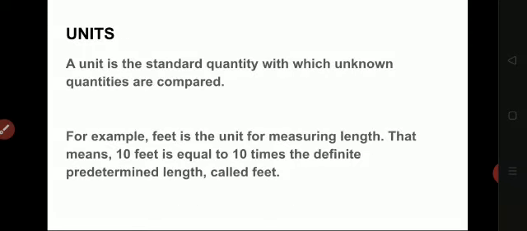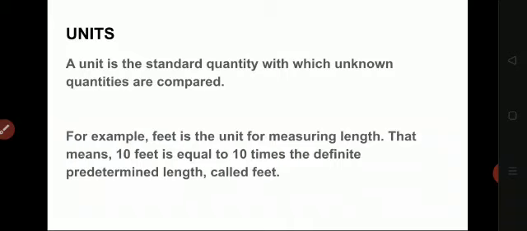Moving on to unit. So what is a unit? A unit is a standard quantity with which unknown quantities are compared. For example, you are saying to your friend, I drive a car for 40. So 40 is just a numerical number. We don't know whether it is specifying a weight or a distance or an amount.